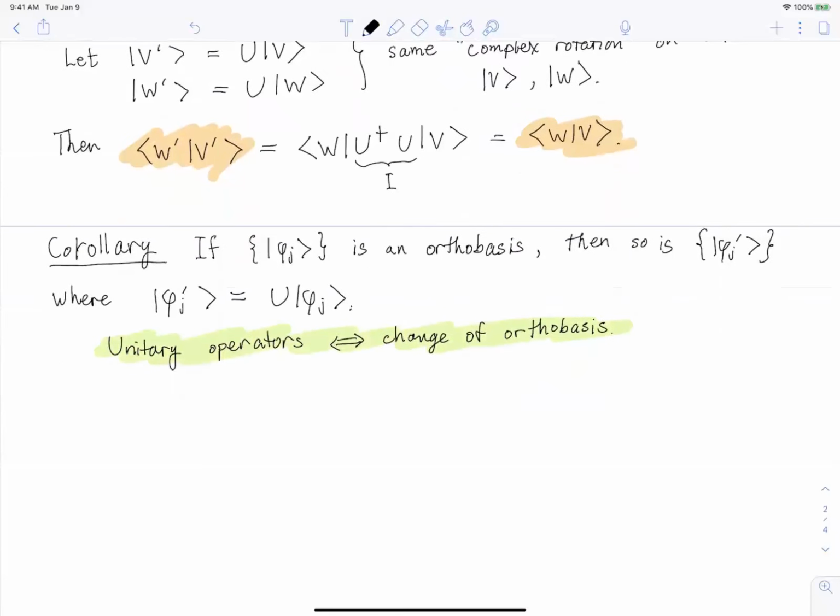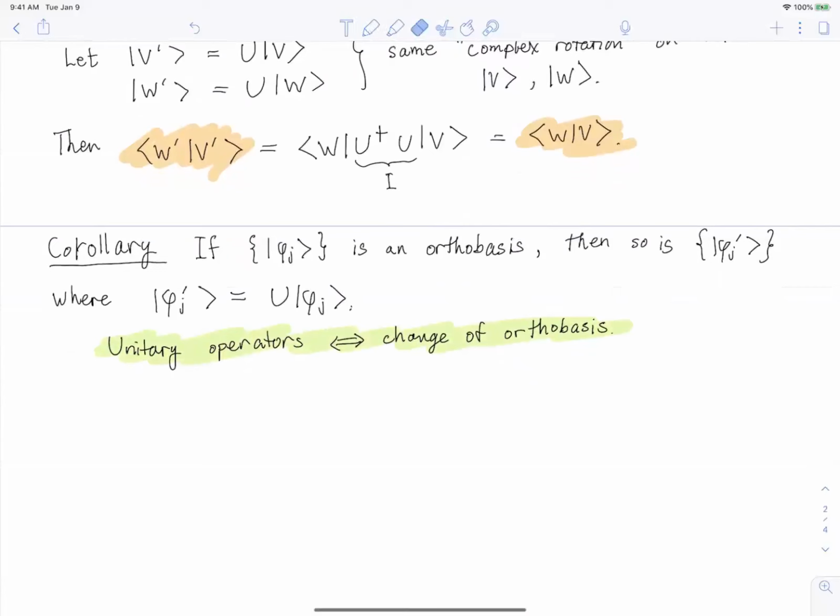Okay. Now, suppose we transform all vectors by some fixed unitary operator. And this is any ket, not just a basis ket.